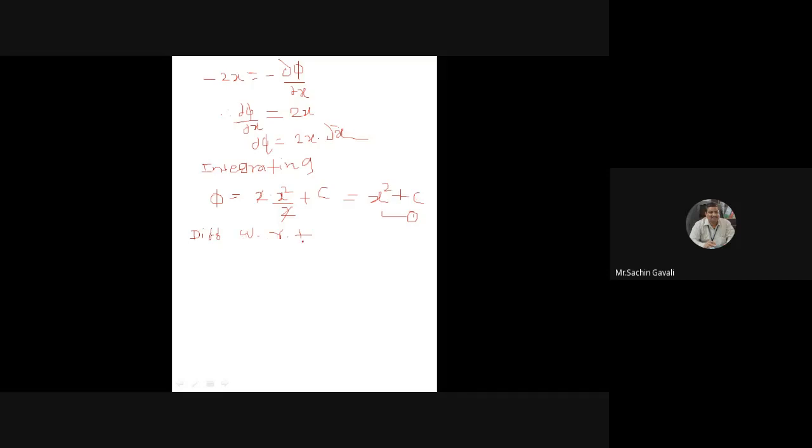Therefore differentiate with respect to y. Dou phi by dou y is equal to dou c by dou y.